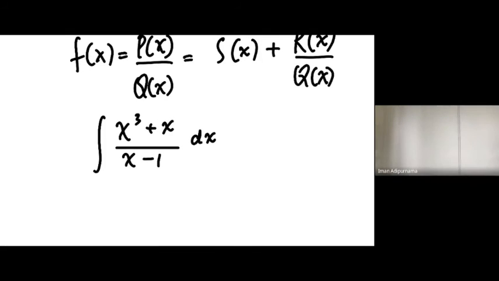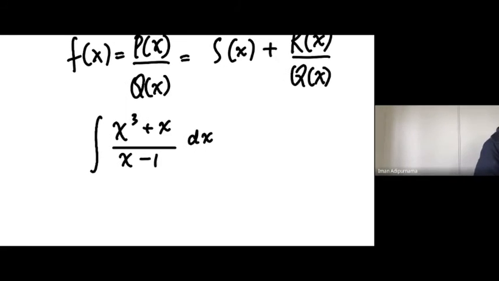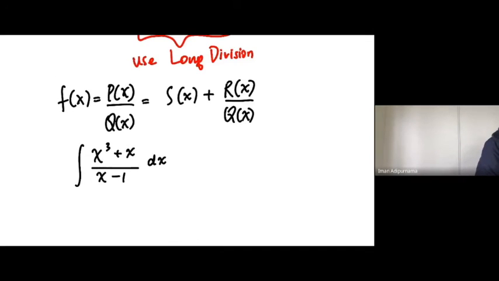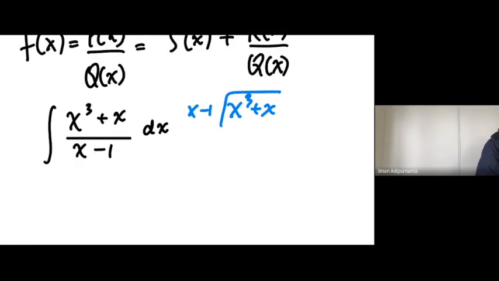Because the bottom one is only x minus 1, it's only linear. You can divide by polynomial long division or synthetic division. So you can divide this, or use synthetic division.